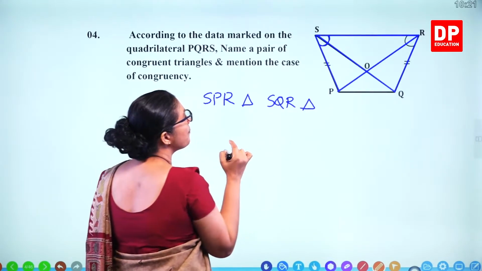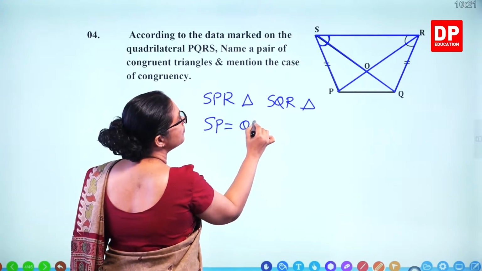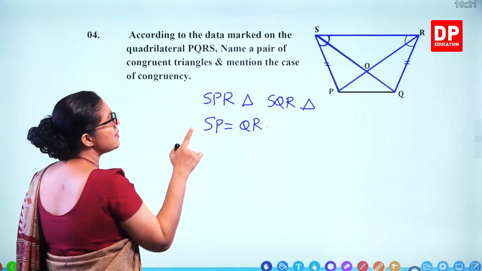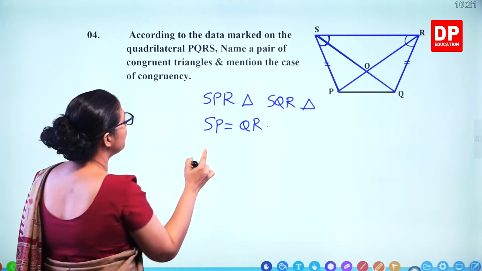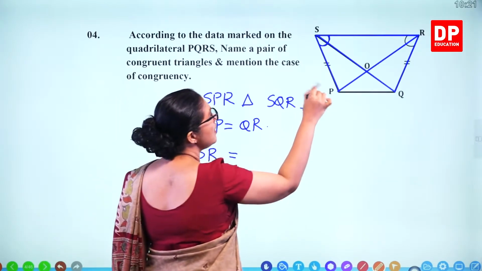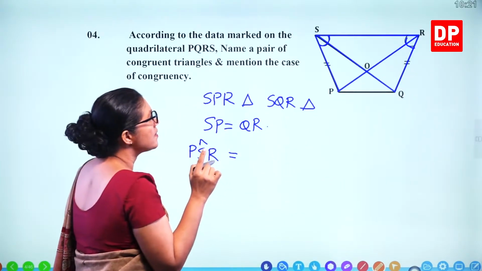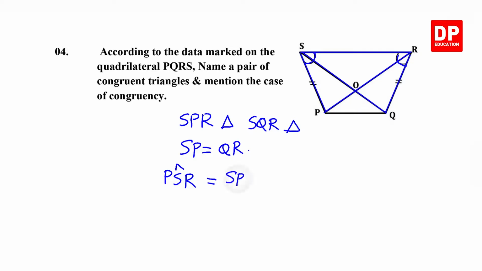What can you say? SP is equal to QR, and the angle PSR is given equal to this one, SRQ. That's given. And what else?